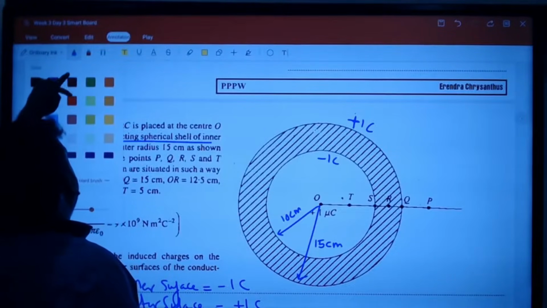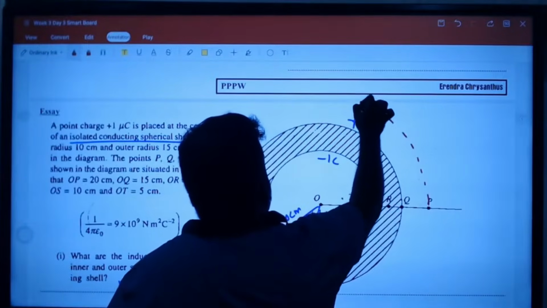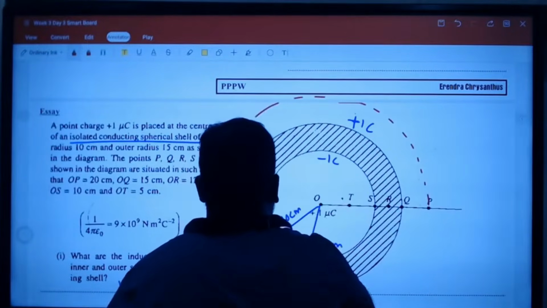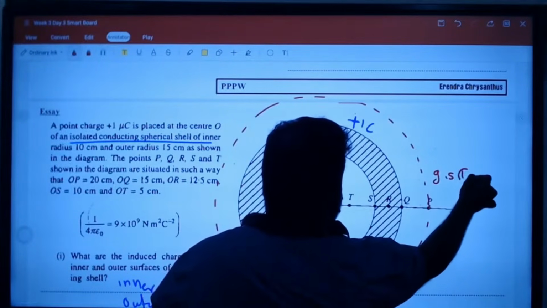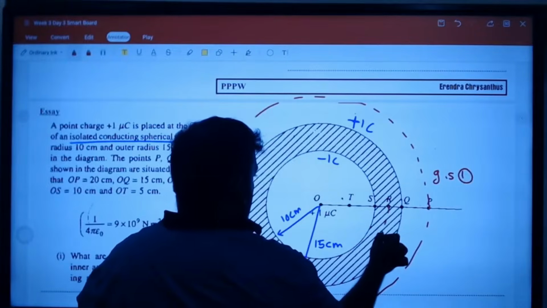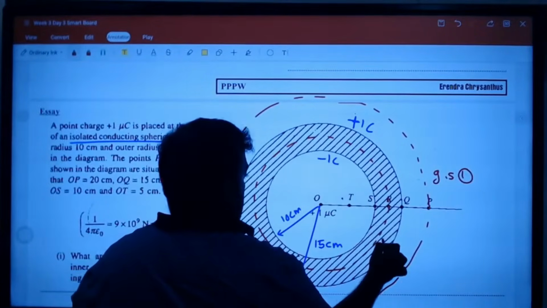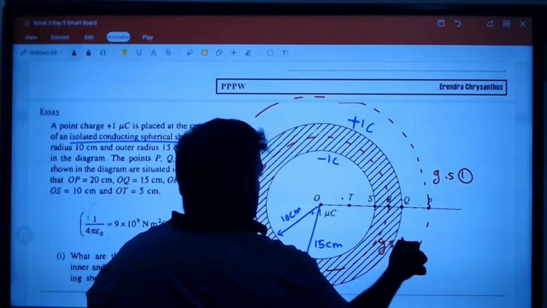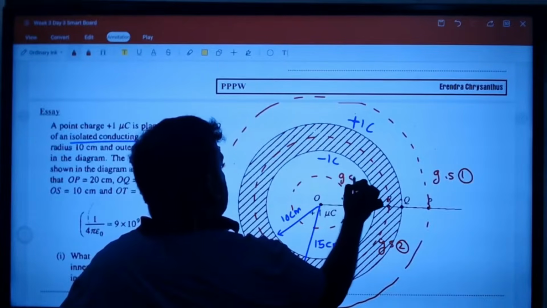I need to draw a Gaussian surface. P, R, T. Gaussian surface 1, R, Gaussian surface 2, T, Gaussian surface 3.